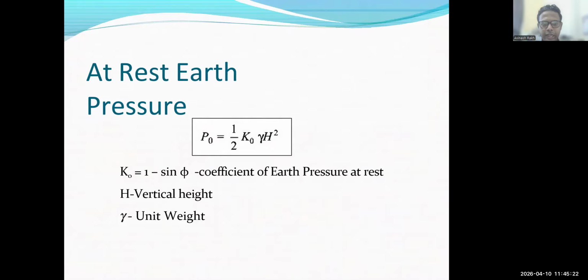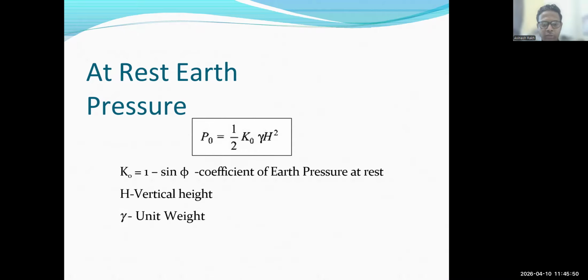Now, in order to calculate the earth pressure at rest, the formula is P0 equals 1 by 2 K0 gamma H squared, where K0 is 1 minus sine phi, phi is the angle of internal friction, K0 is the coefficient of earth pressure at rest, H is the vertical height and gamma is the unit weight. By using this formula, we can easily calculate the earth pressure.